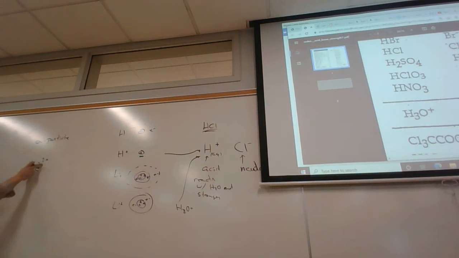So if we have a helium atom with both of its electrons stripped away, what is neutral helium? Neutral helium has 2 protons and 2 neutrons, and 2 electrons. Now you strip away the electrons, what are you left with?